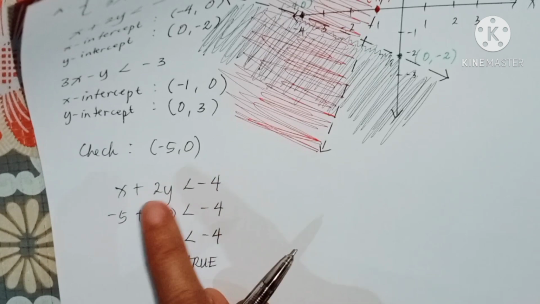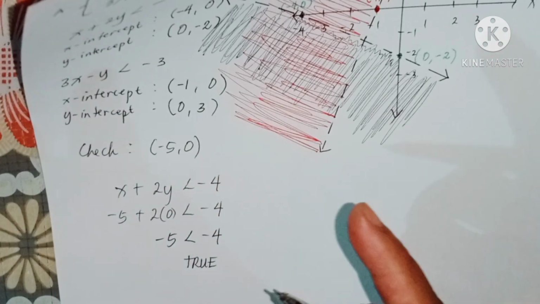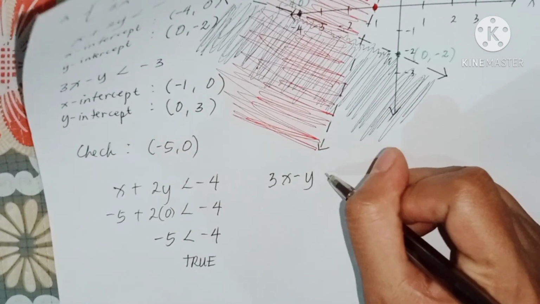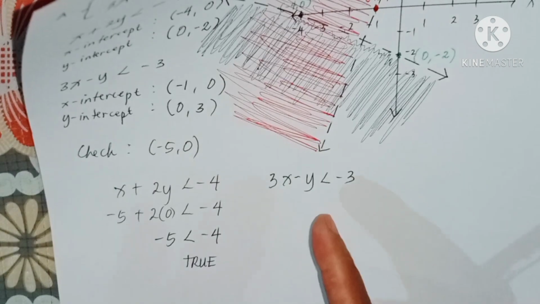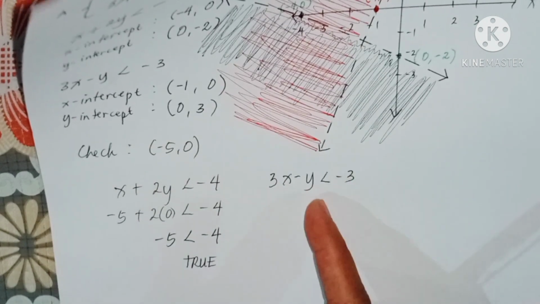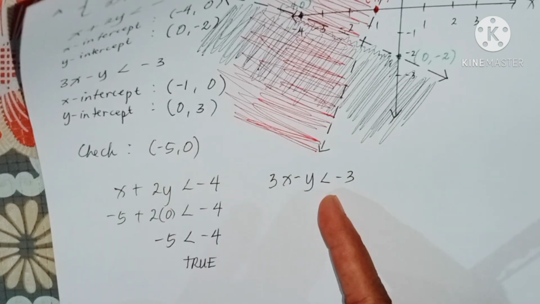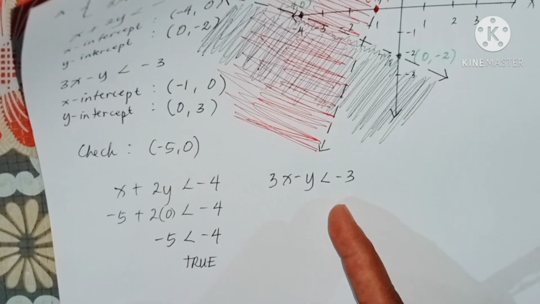This time we have to check it also with the second inequality. So we have 3x minus y less than negative 3. So we have to check whether this negative 5, 0 is true with the second inequality.